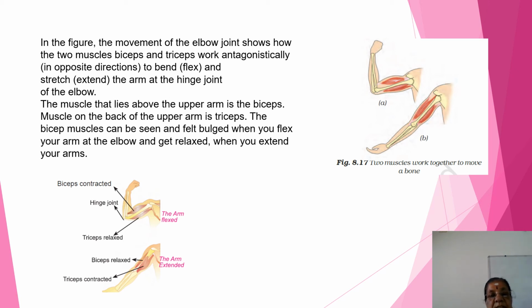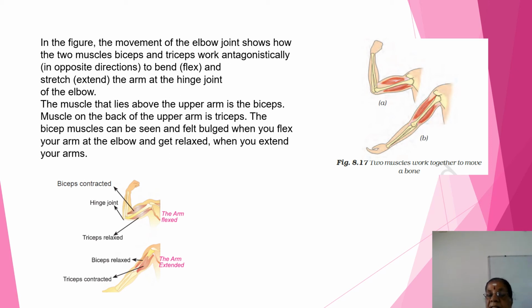Okay, so here it is as the arm flexed, the hinge joint labeling part. I hope you understand. Same way, arm extend ஆகுது, biceps relax ஆகும், triceps contract. The diagram clear ஆகுது, so நல்லா புரிஞ்சுக்கும்.